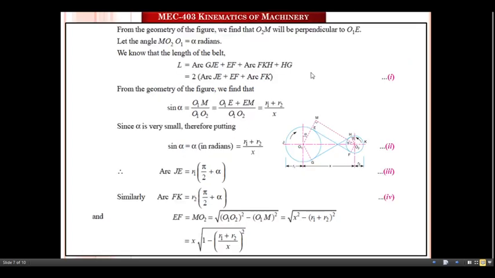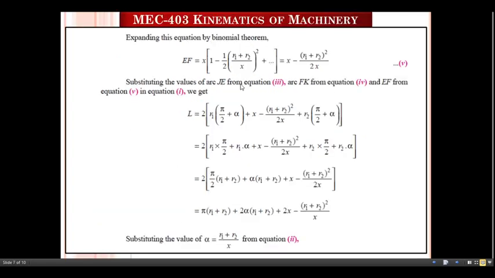Now once we get this arc and this length, substitute everything in equation number 1. Equation 1 will come in this way. L equals 2 into R1 into (pi by 2 plus alpha) plus X minus (R1 plus R2) whole bracket square divided by 2X plus R2 into (pi by 2 plus alpha).